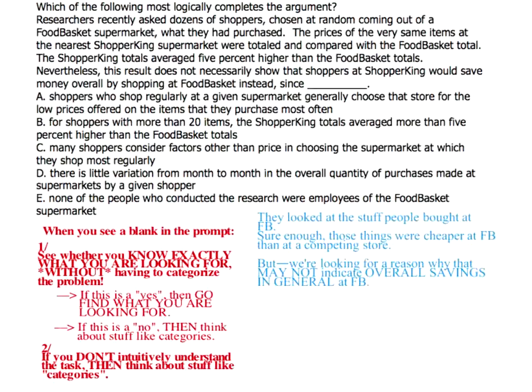If you were going to classify this, I guess it's a weaken problem, but you would have to construct the argument that you would have to weaken, because there's not even really an argument here. You would have to make it into, okay, the argument is that shoppers will save more money overall, and then you're weakening that. That's a lot of steps that you don't have to do if you just read the prompt. Read it, know it, love it.